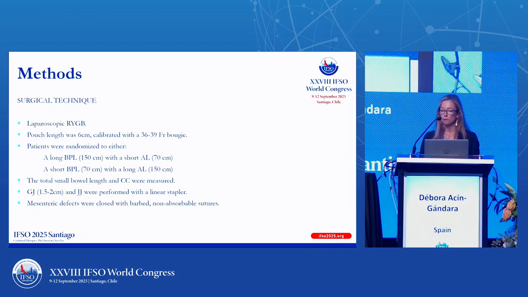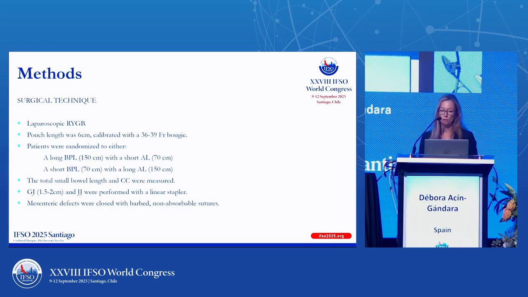All procedures were laparoscopic. Pouch length was 6 centimeters, calibrated with 36 to 39 French bougie. Patients were randomized to either a long biliopancreatic limb of 150 centimeters with a short alimentary limb of 70 centimeters, or a short biliopancreatic limb of 70 centimeters with a long alimentary limb of 150 centimeters.